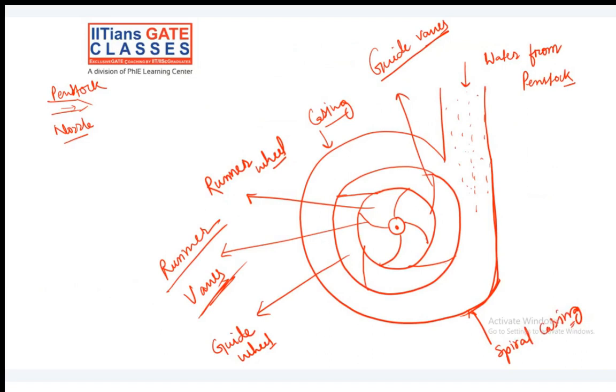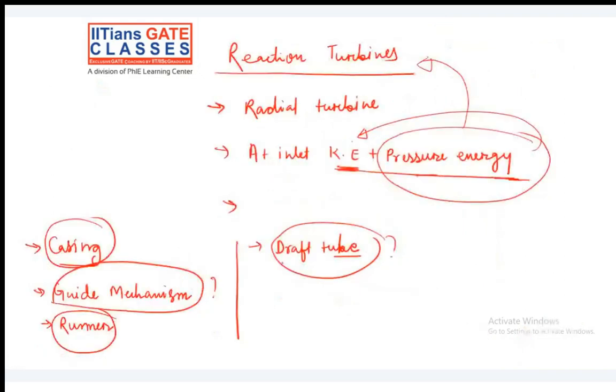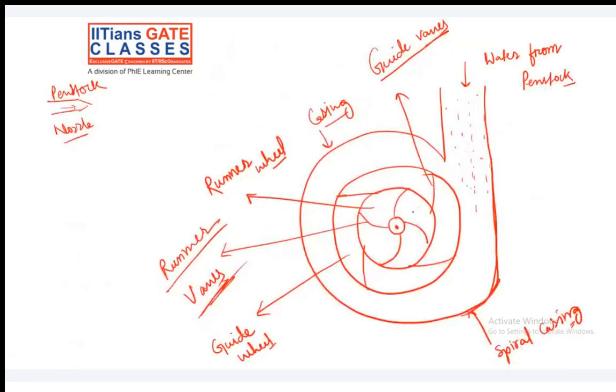Okay. Very important things. The second thing is the draft tube, right? What is this draft tube? See what happens inside this spiral casing whenever there is flow of water.